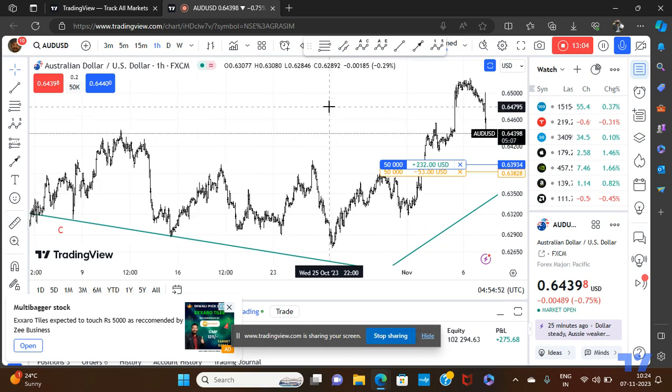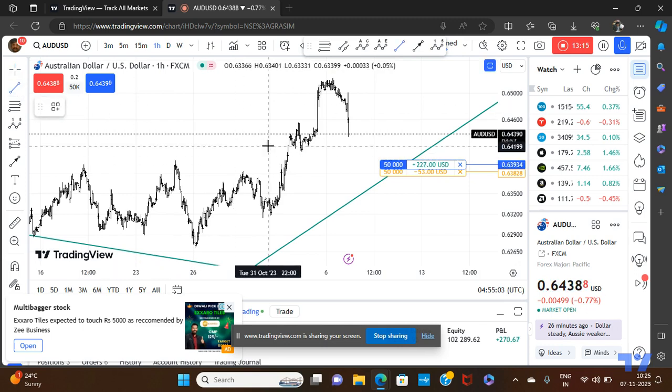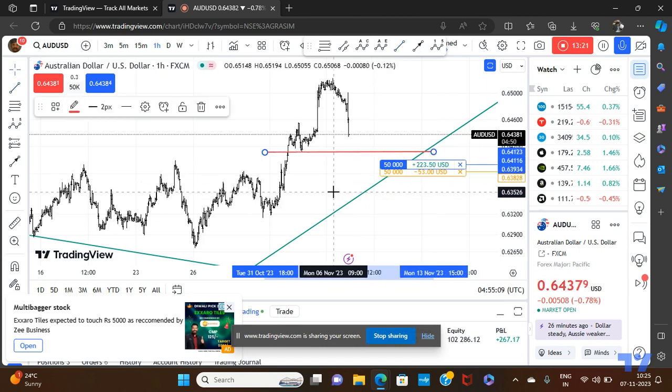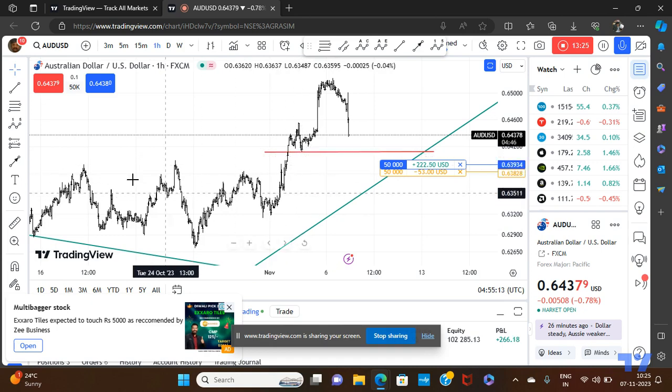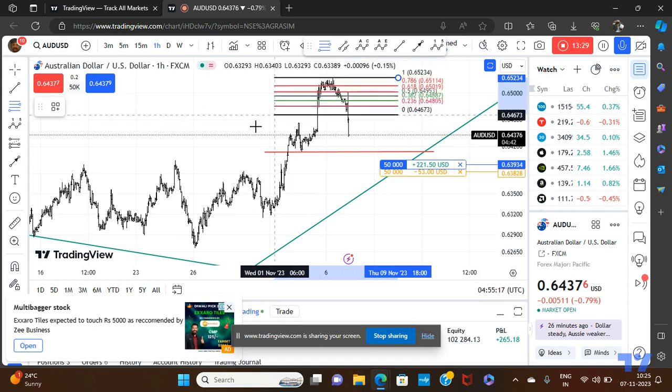Again, I'm back on my hourly chart. So I want this correction to stop here, and the second is my retracement levels.